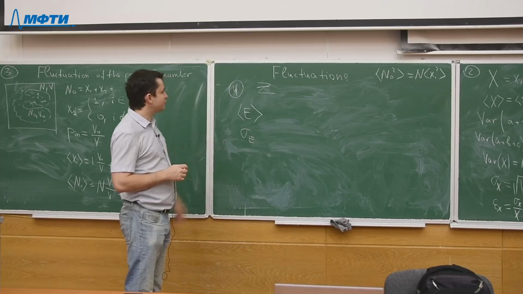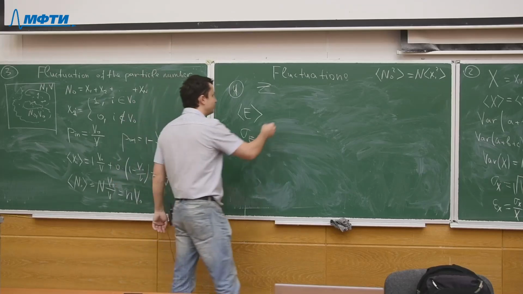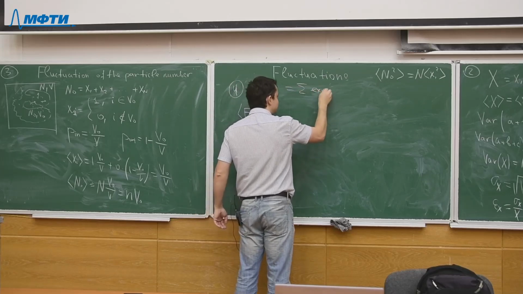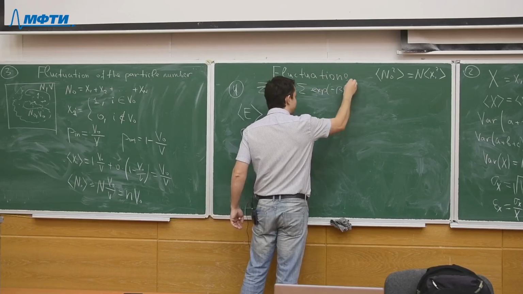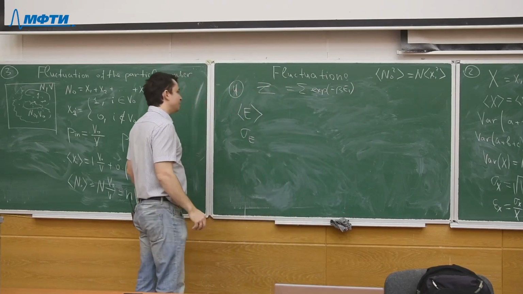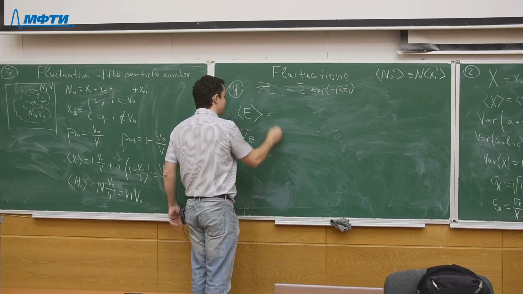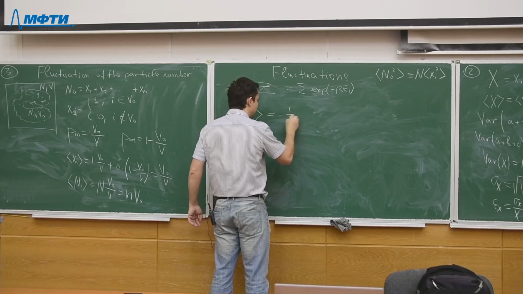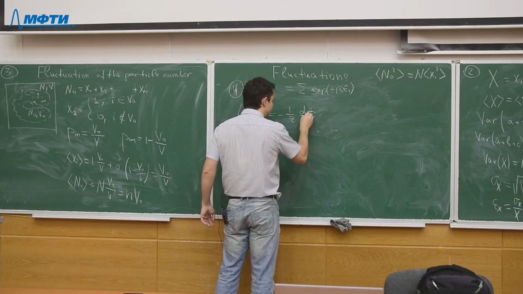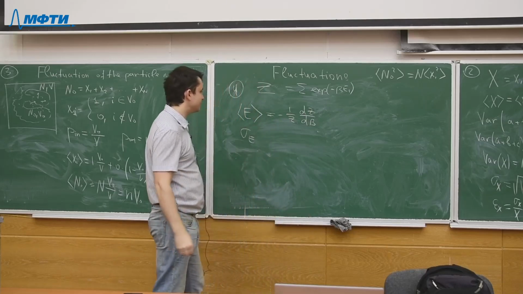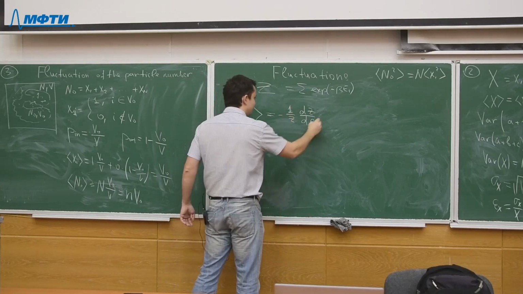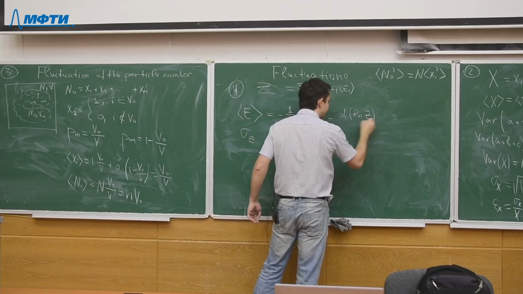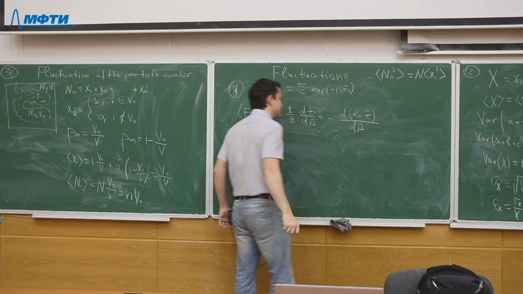So in here, I know that my z is the sum of exponents of minus beta e_i. If I want to calculate the average energy, as I have said previously, what we need to do is determine minus 1 over z times dz over d beta, which is minus d natural log of z over d beta.